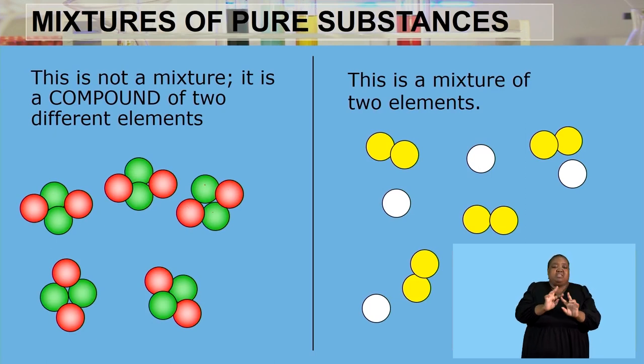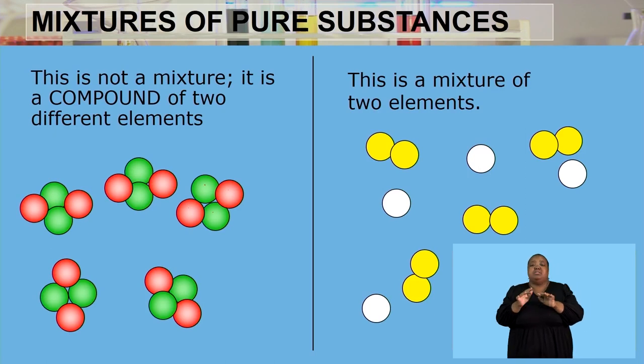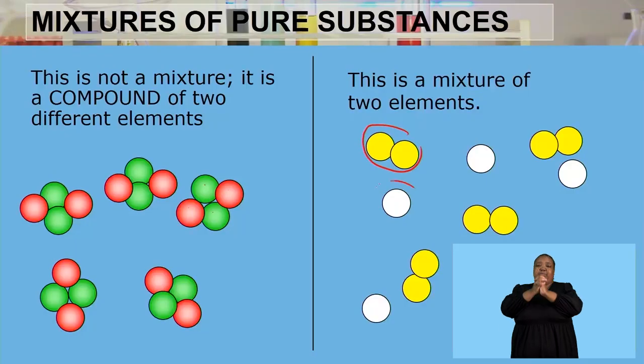It makes a compound. They are different. They are chemically bonded. Whereas in a mixture, they are together in the same place, but they are not chemically bonded. We have the yellow element and the white element in the same container, we can say. However, they are not chemically bonded. Depending on what these elements are, they can be separated by physical means.